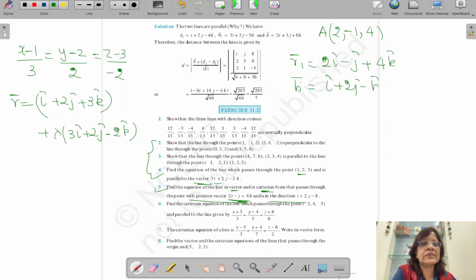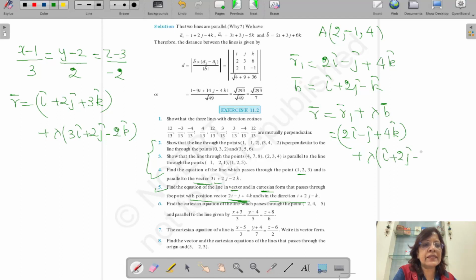So what is the answer? r is equal to r1 plus lambda times b. r is equal to r1 कितना? Directly you can write the thing 2i minus j plus 4k plus lambda times b, b is i plus 2j minus k.